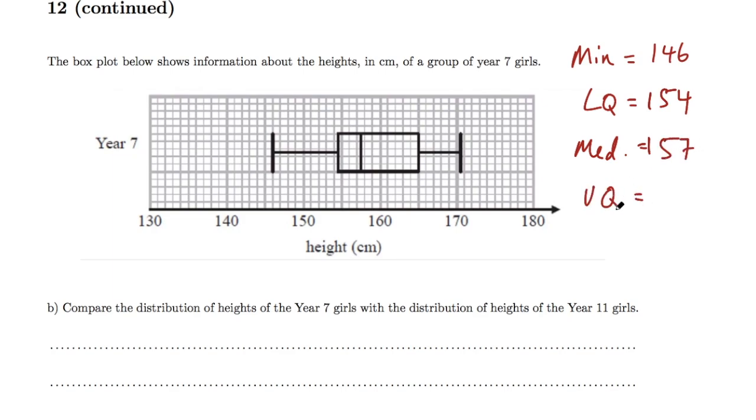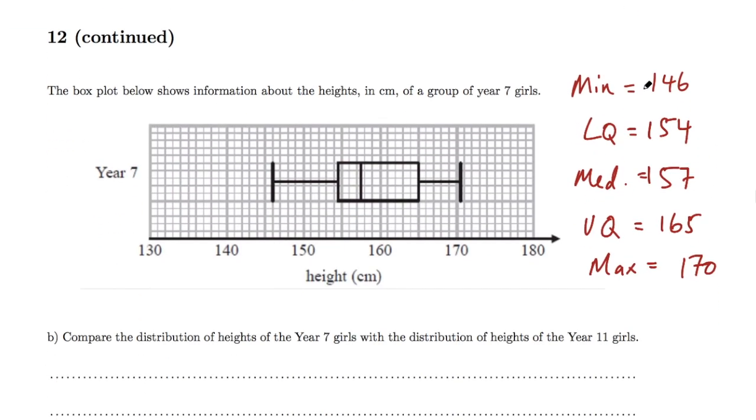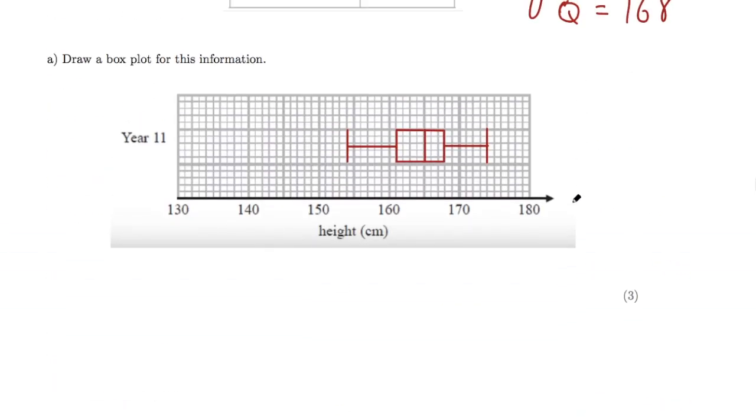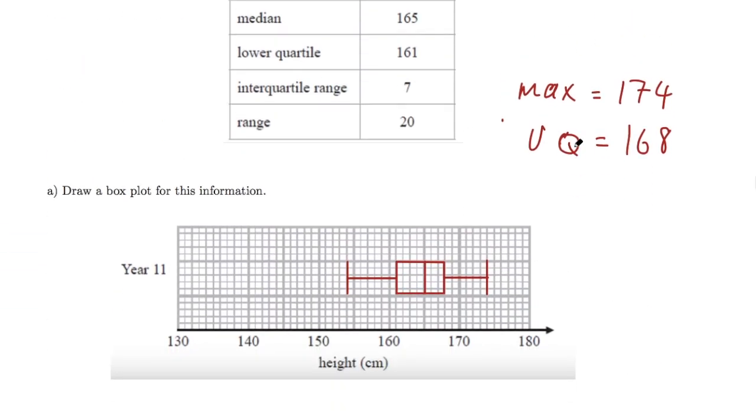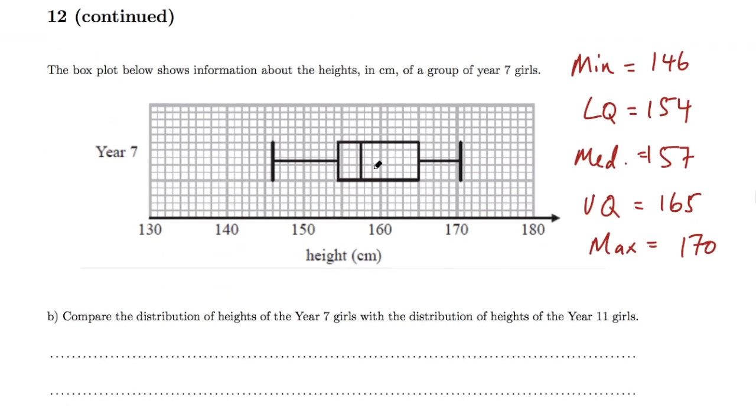Upper quartile 165, and max about 170. Okay, so let's compare those to the year 11 girls. So let's say the median first, 157 versus 165. Okay, that's very different.